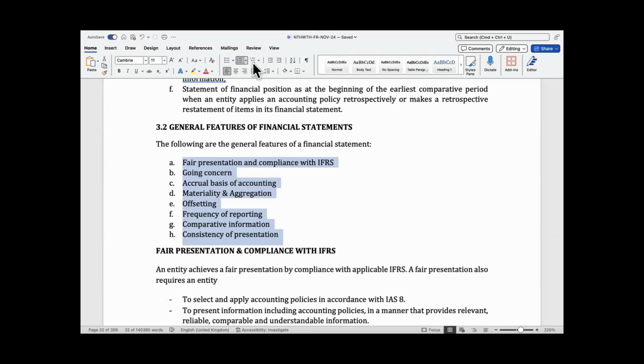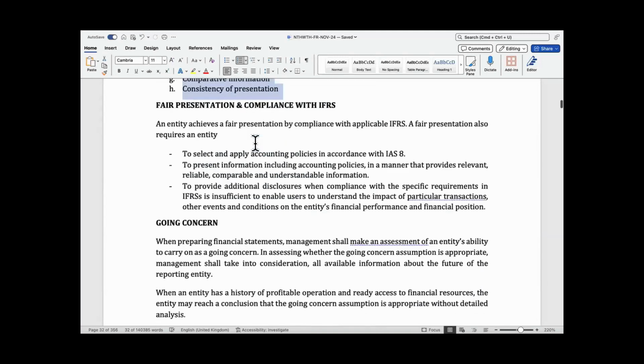I mean, when you see us preparing 2 years accounts, don't be surprised. And consistency of presentation. The way you present this year is how you must continue to present. You will see that is how we operate in reporting. You don't just change things. It's solely for comparability. So that's the general features.